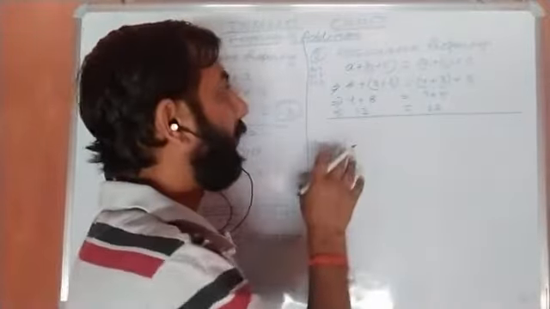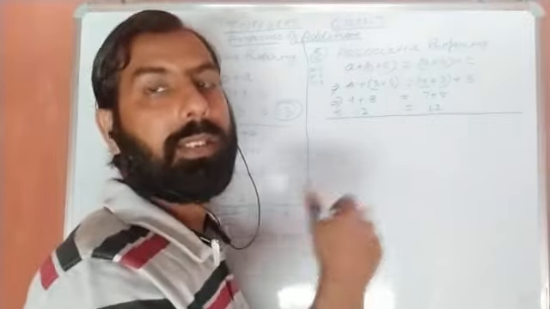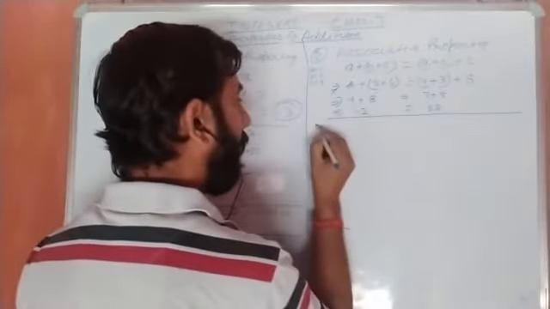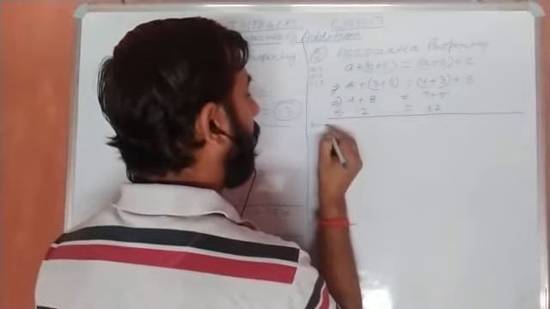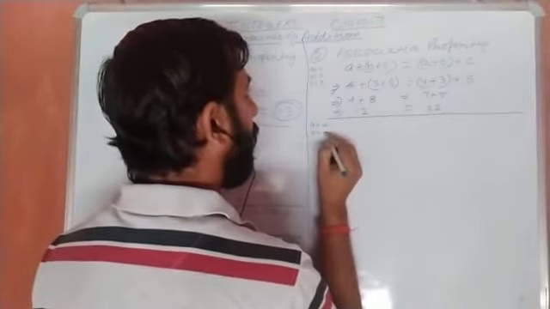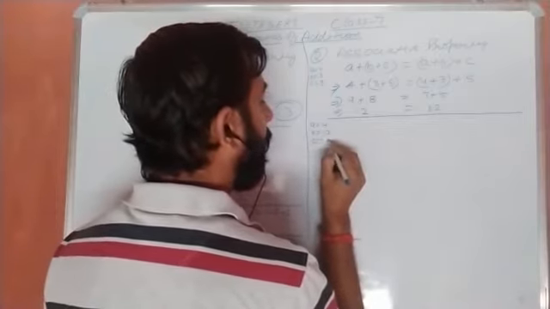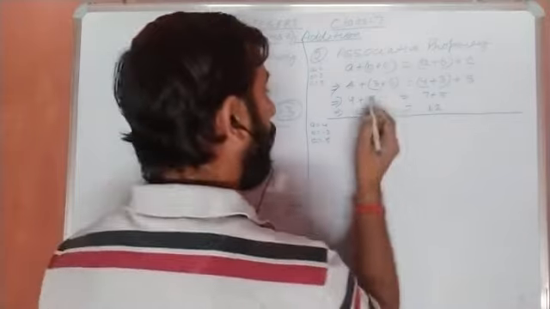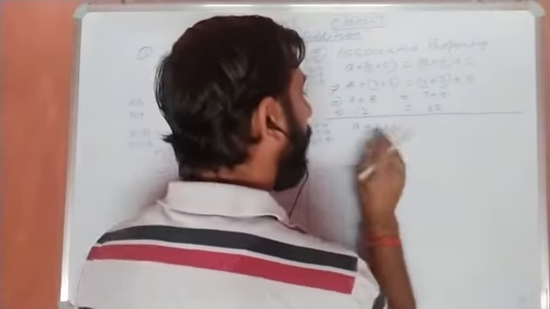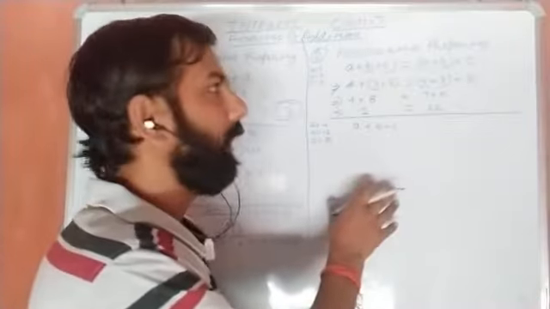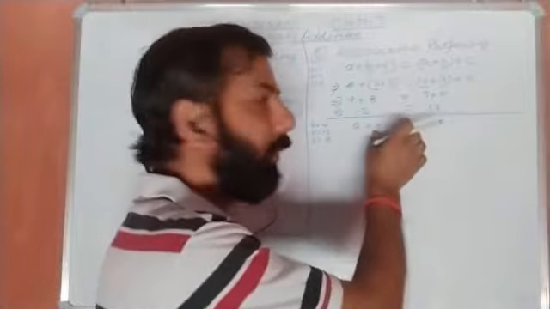Now let us take some negative integers. These all were positive. Suppose A equals 4, B equals -3, C equals 5. So according to the same, A plus B plus C, you can group any. It is not necessary that you leave the first and group the next two. You can group any.